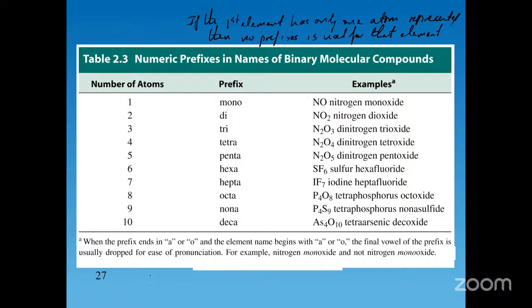Now, the next exception, I'm going to see if I can squeeze it down here. If the first element is hydrogen, then no prefixes are used whatsoever in the name of the compound.